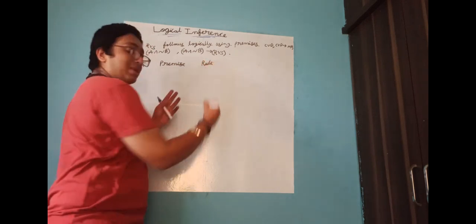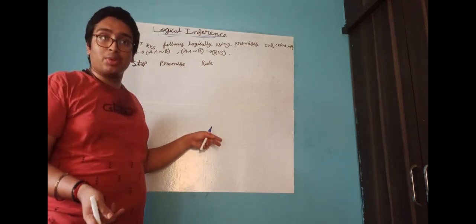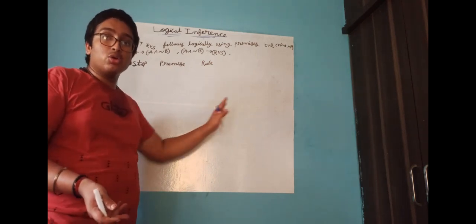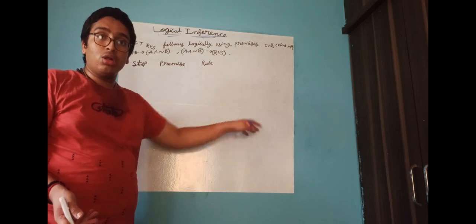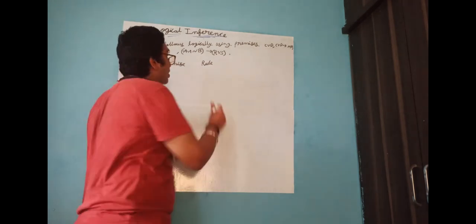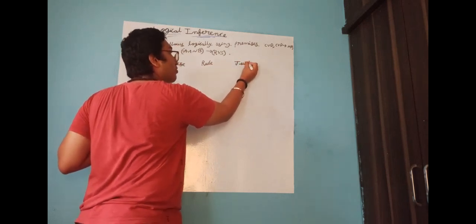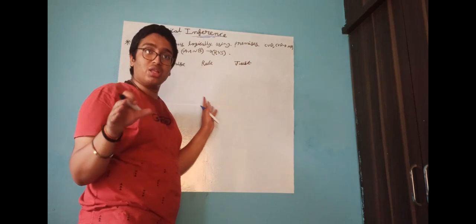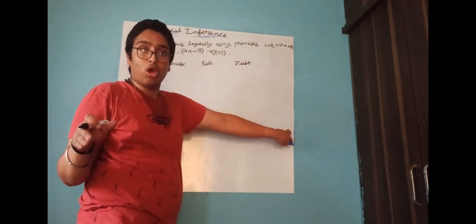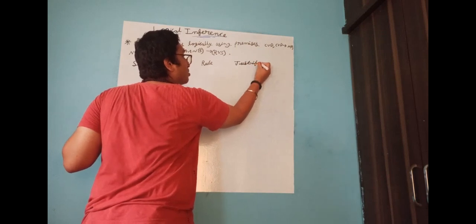Rule is nothing but, as I told, rule P or rule T. Rule P means introducing a premise. Rule T means using the inference rule to minimize the premises to get the final solution. Then justification, meaning which rule you are using. If it is rule T, meaning an inference rule, what kind of inference rule you are using to get the solution.